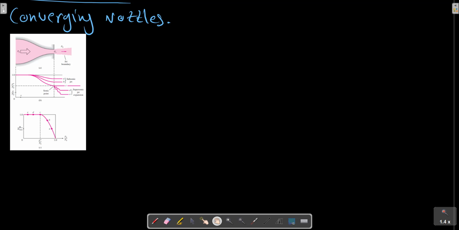This is a converging nozzle. There is an upstream reservoir at stagnation pressure P0. The flow is induced by lowering the downstream outside or back pressure PB. This is back pressure.